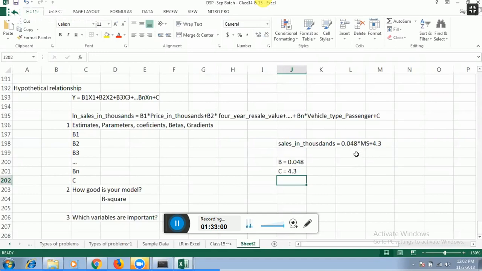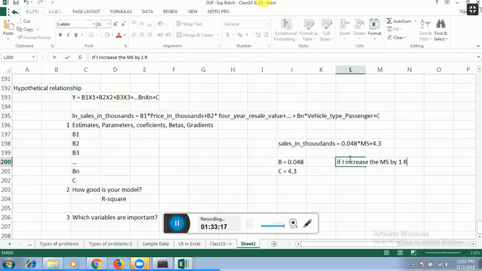If I multiply 0.048 by 1,000, that is nothing but 48. So if I increase the marketing spend by 1 rupee, there is a change of 48 rupees in sales. This is the interpretation.